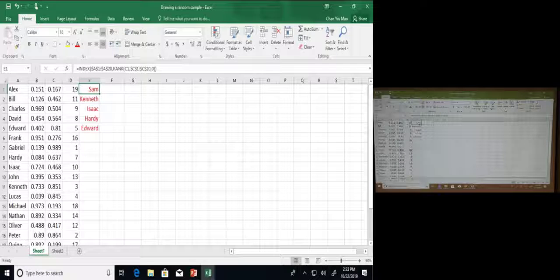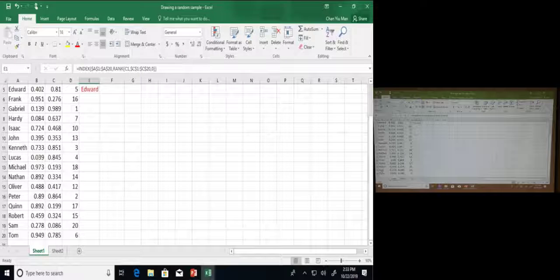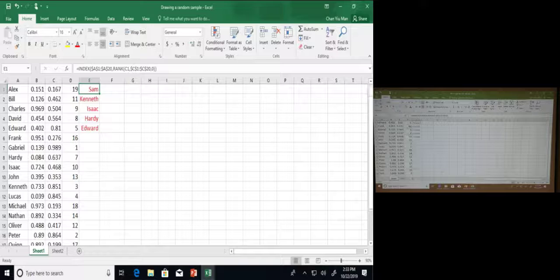According to this one, what I pick is the 19th. So where's the 19th? 19th is Sam. So they pick up Sam. The second number is 11. Rank 11. So I pick the 11th, which is this one, Kenneth.